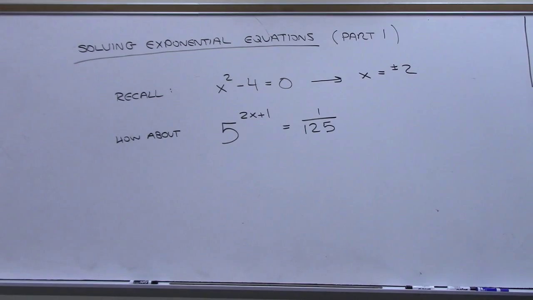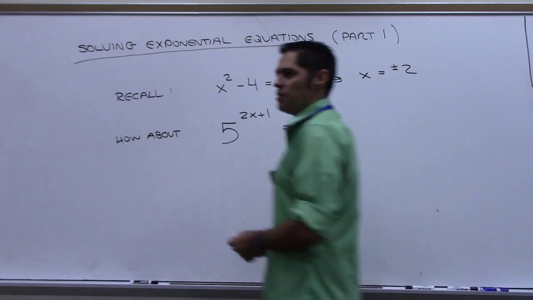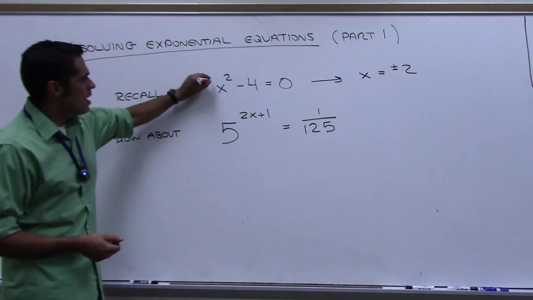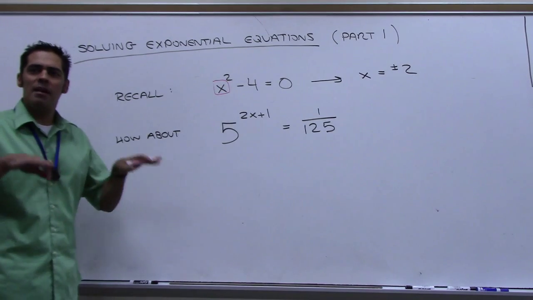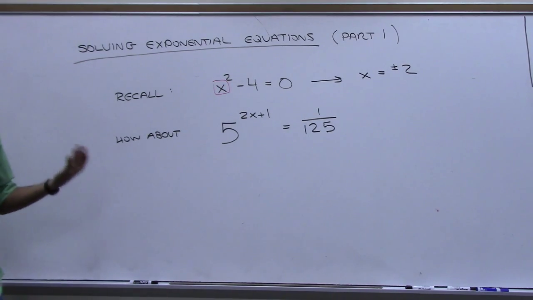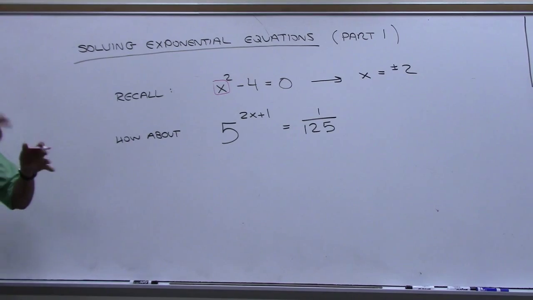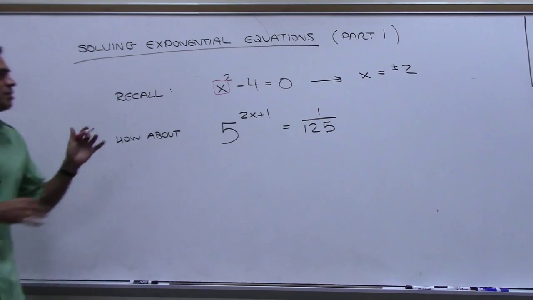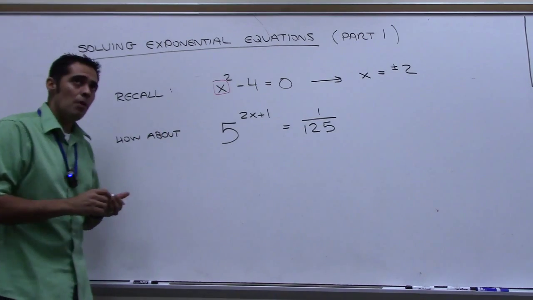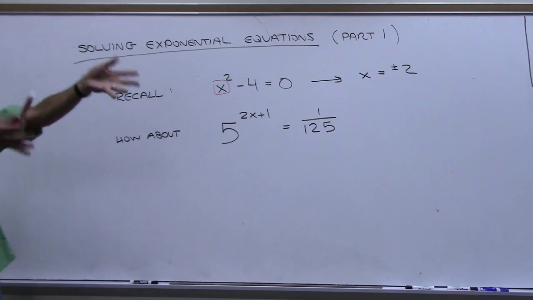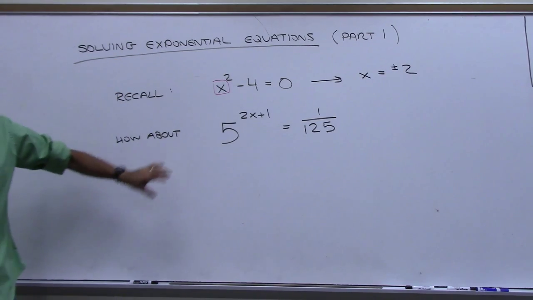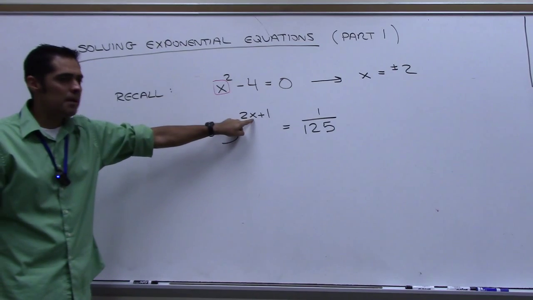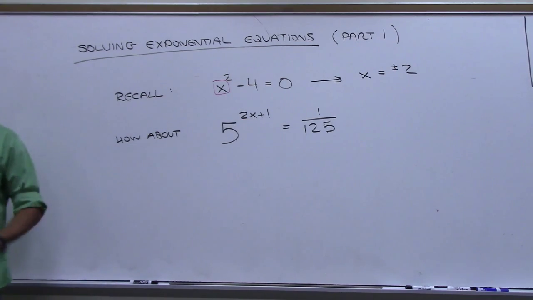It lives in the exponent. This is really the first time you've ever seen this. Every other time you've tried to solve for x, it's always been down in the base, and all we've done is basic factoring or moving things around the equation, and you'll get x equals something. For this, the x is up here, so how in the world are you going to get this down?